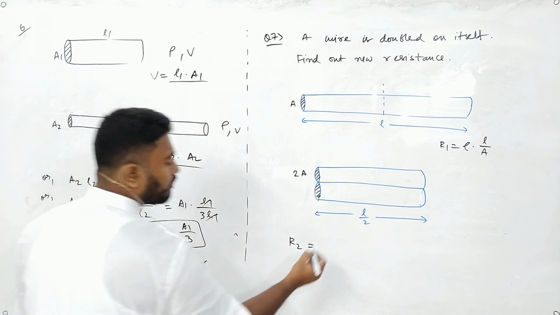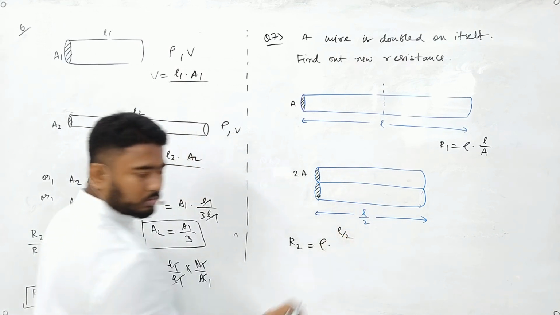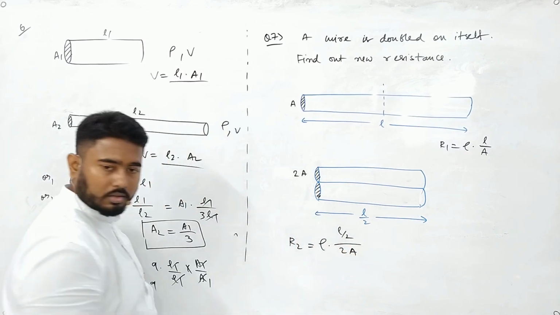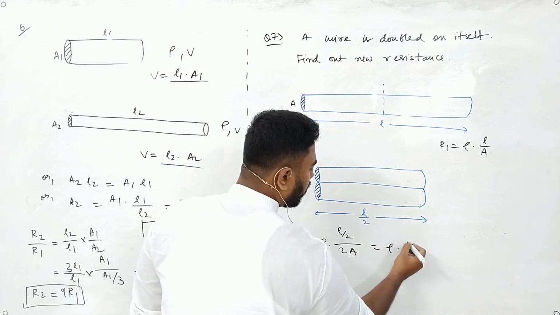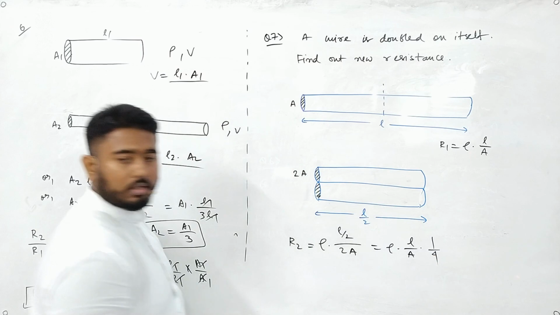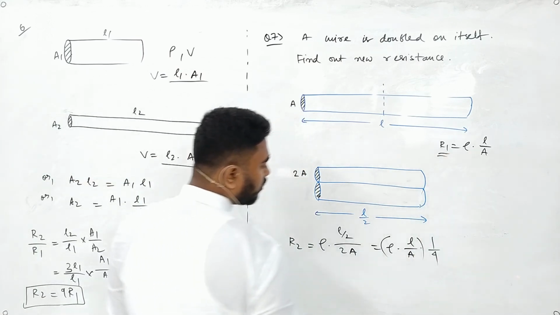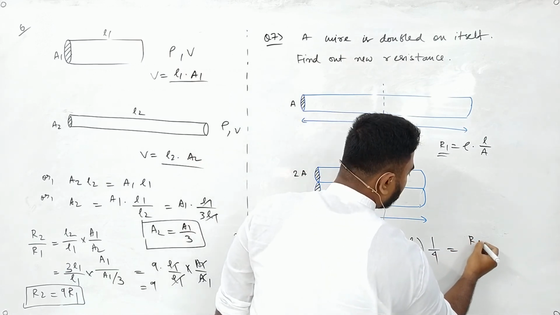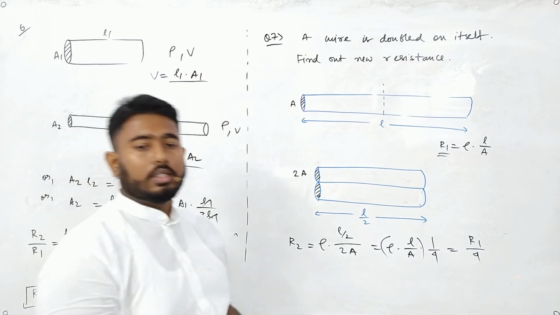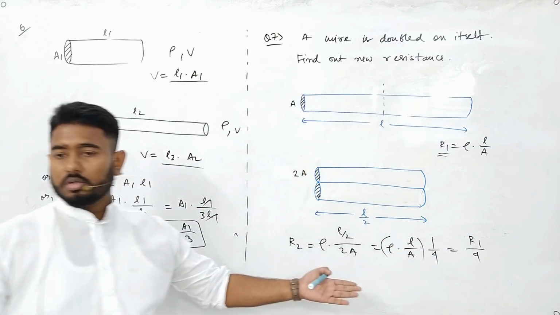So R2 will be rho into, in place of L we will write L by 2, in place of A we will write twice of A. That will be rho L by A times 1 by 4, right? Now rho L by A is already resistance R1, so that will be R1 by 4. So that will be 1/4 of the initial resistance. Is that clear, all of you?